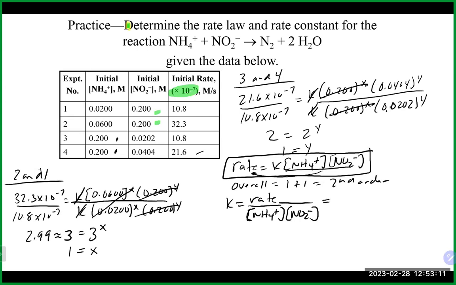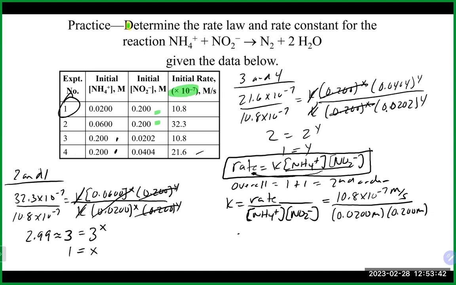This is the situation where you will be off, obviously, if you ignore that. So this would be 10.8 times 10 to the minus 7 molar per second. And I'm just choosing number 1 here to do it. We'll do 0.02 molar and 0.2 molar there. And that will get us 10.8 times 10 to the minus 7 divided by 0.02 and divided by 0.2.